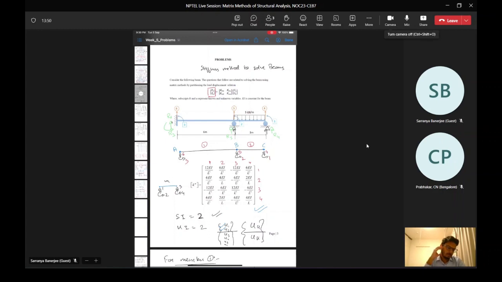The agenda for today's class would be first to finish the problem that was started in last class regarding the stiffness method to solve beams, and then I have received two suggestions from Mr. Prabhakar. First was regarding the current assignment of week 6.